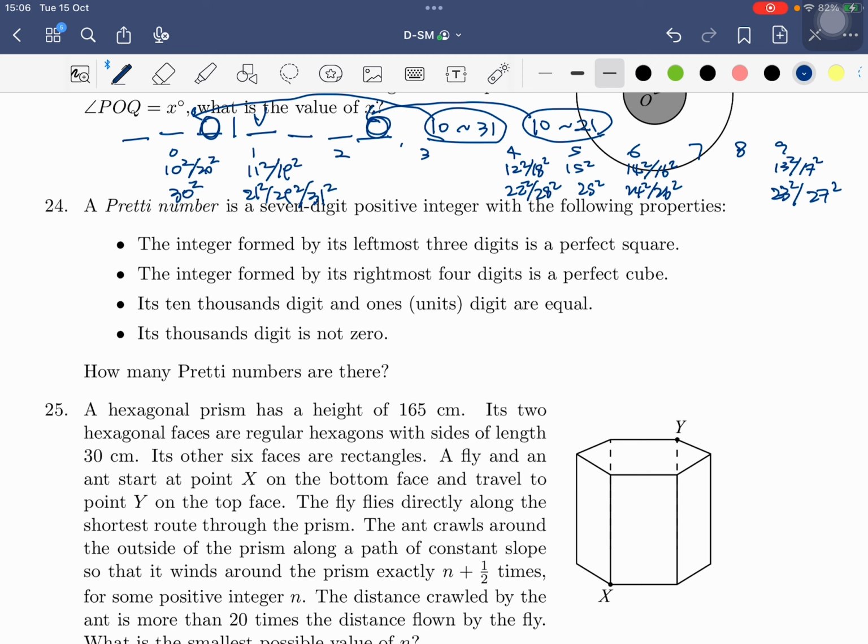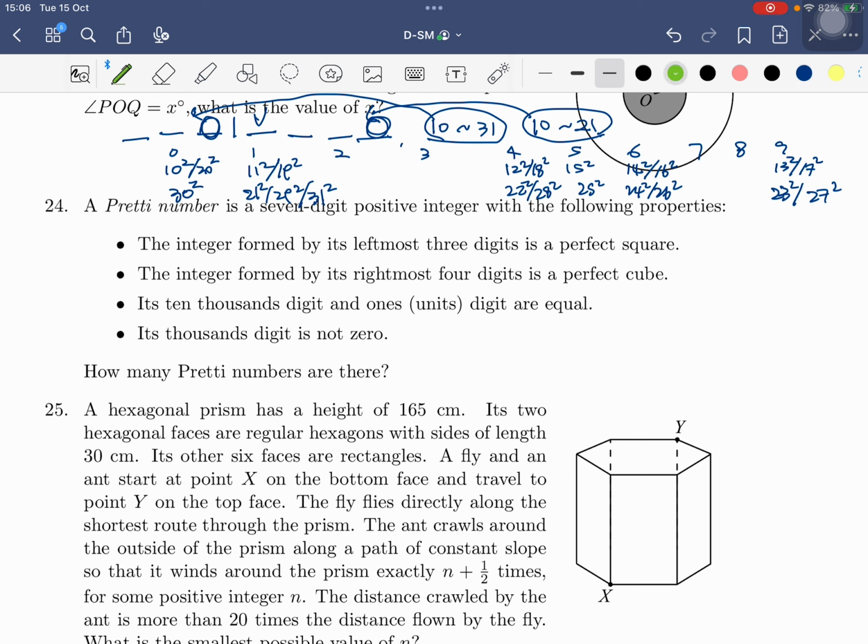So we separate them along the last digit. So this was the square numbers, like the first 3 digits. So let's go for the last 4 digits.